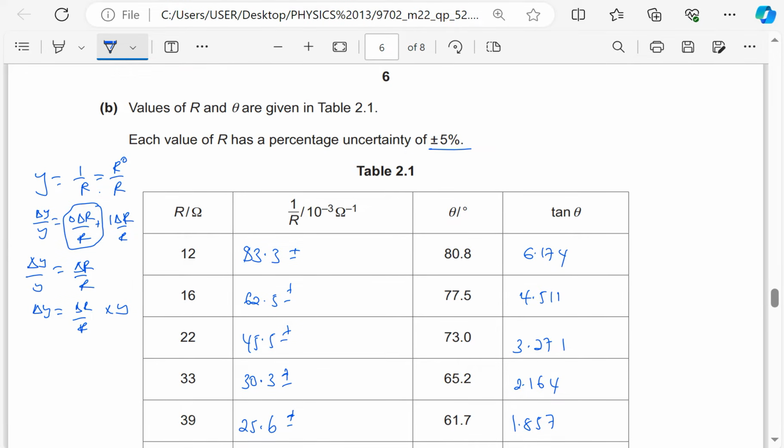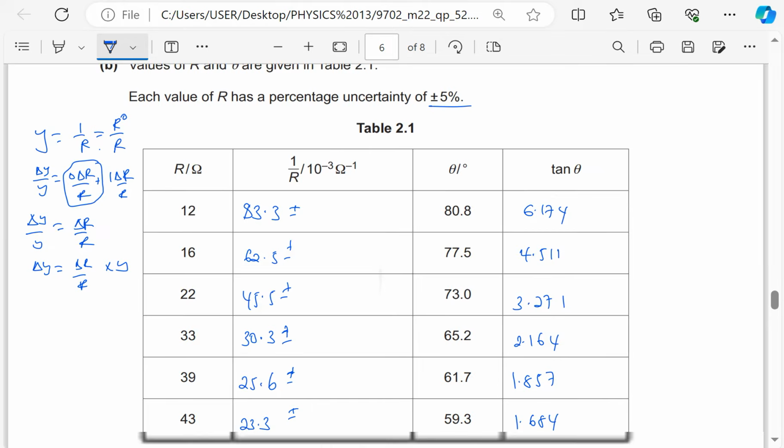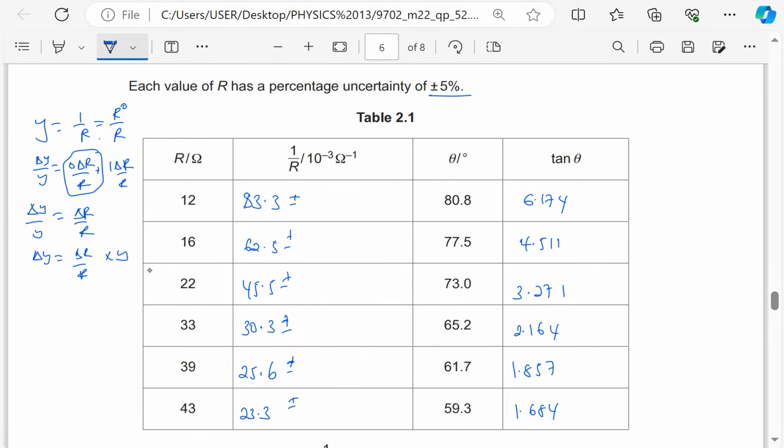If I want to change 5%, the absolute uncertainty in y for the first one is 5 over 100, that is the fraction, then times y, where y is 1 over r.